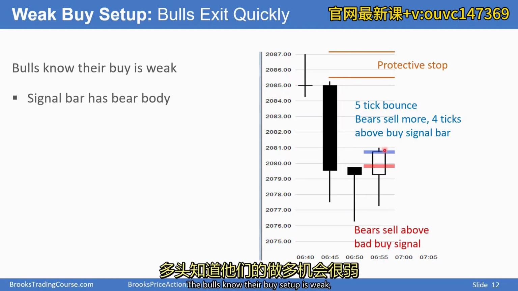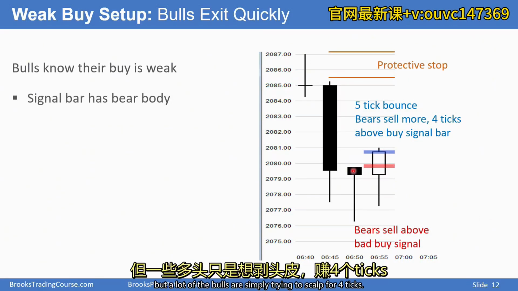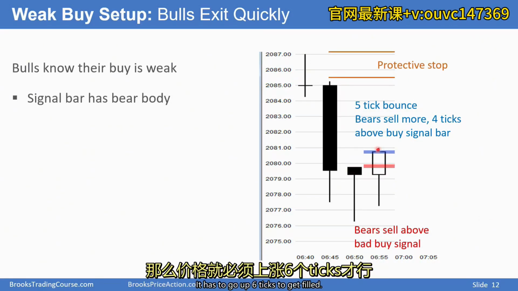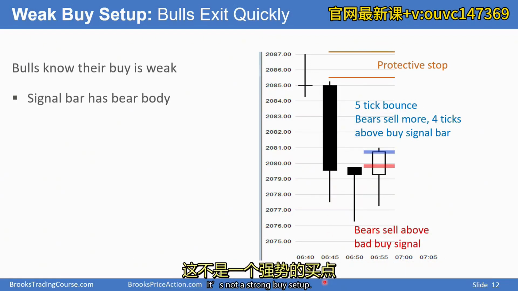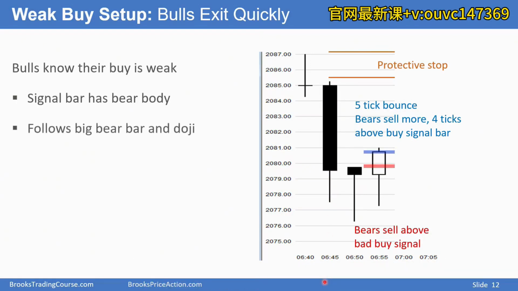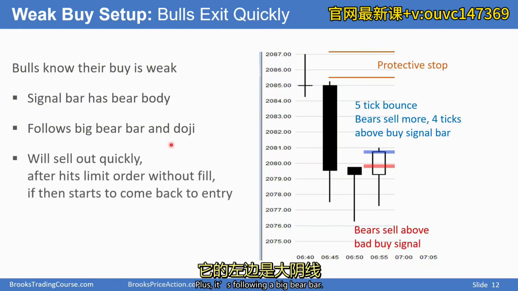The bulls know their buy setup is weak. A lot of the bulls are simply trying to scalp for 4 ticks. It has to go up 6 ticks to get filled. We have a buy signal bar with a bear body after a very big bear bar. It's not a strong buy setup. Plus it's following a big bear bar.